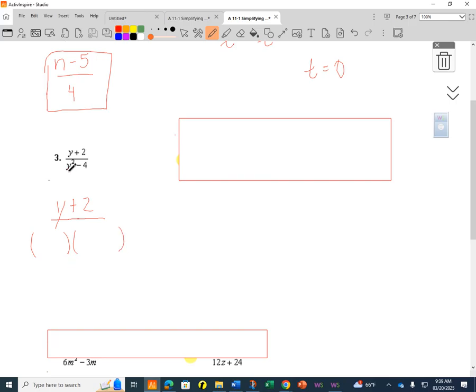If it's a perfect square minus a perfect square, we know there are two binomials. We know one's going to be plus, one's going to be minus. Take the square root of the first term and put it in both first spots. Take the square root of the absolute value of that one, the square root of 4 is 2.